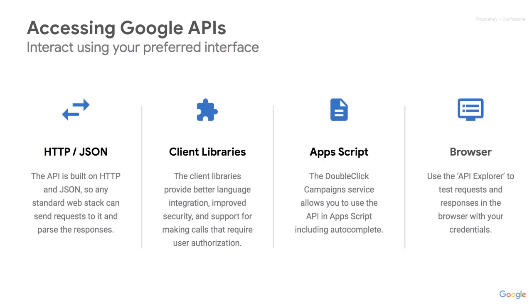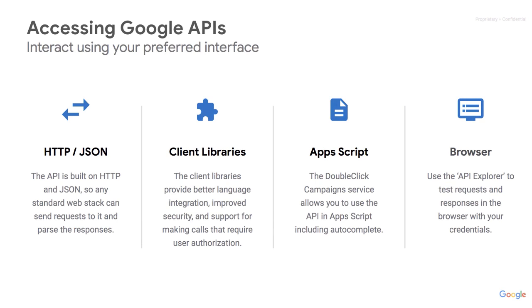Let's take a look at how you can interact with the Google APIs. Here you have listed 4 ways to interact with Google APIs. The first one, HTTP and JSON, is based on a specific language. HTTP is the web language protocol, and JSON is the JavaScript protocol.